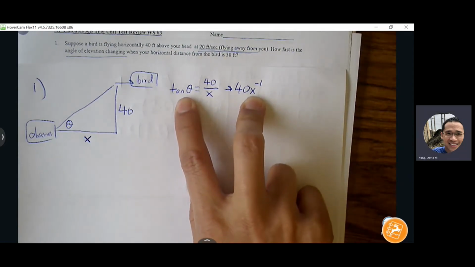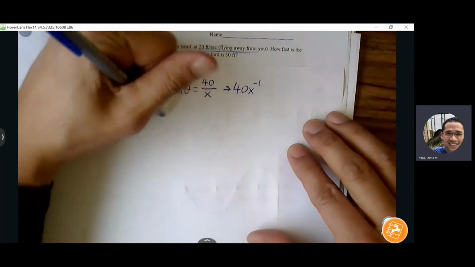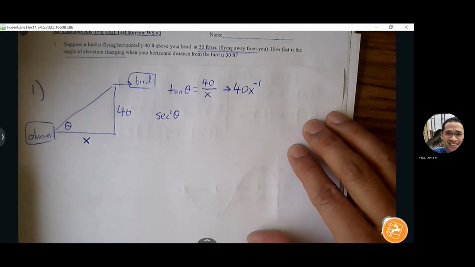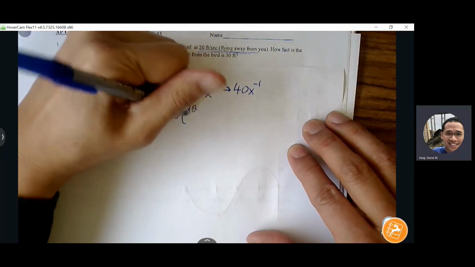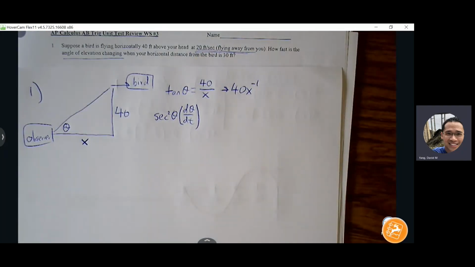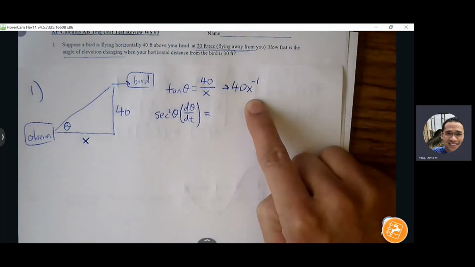Remember, time is involved because of related rates. So tangent theta becomes what? Good. So the variable is theta, so we're going to attach a time component for that variable. Right, the right side. What does power rule give us?